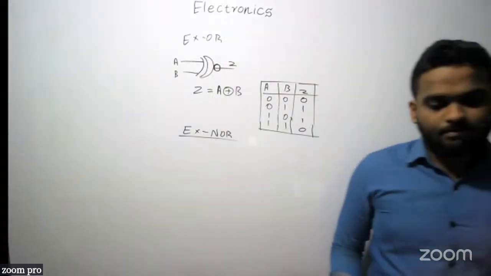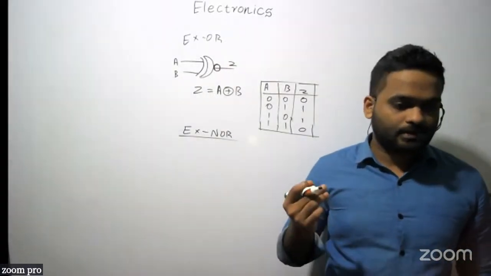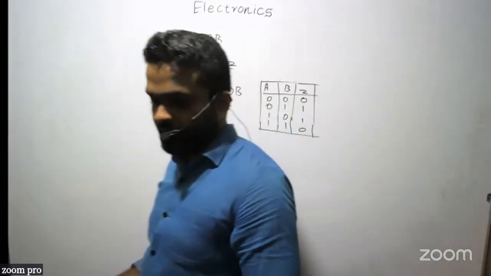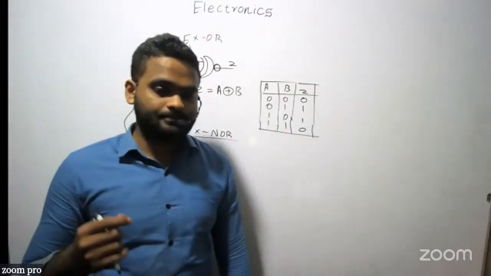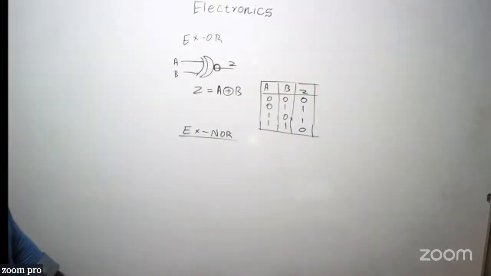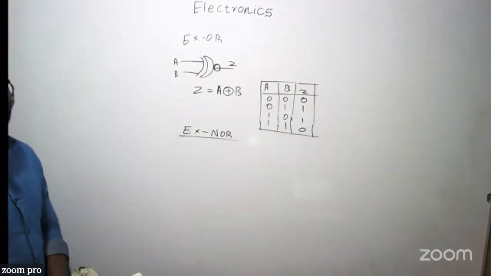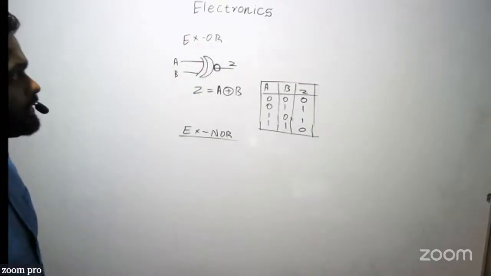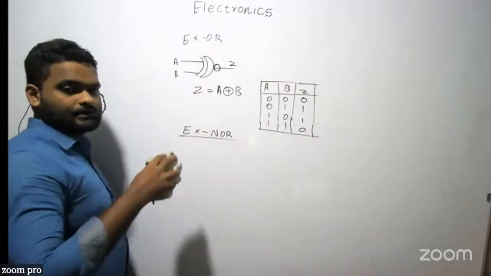So those are the basic types of gates. Take that down. Got it, right?